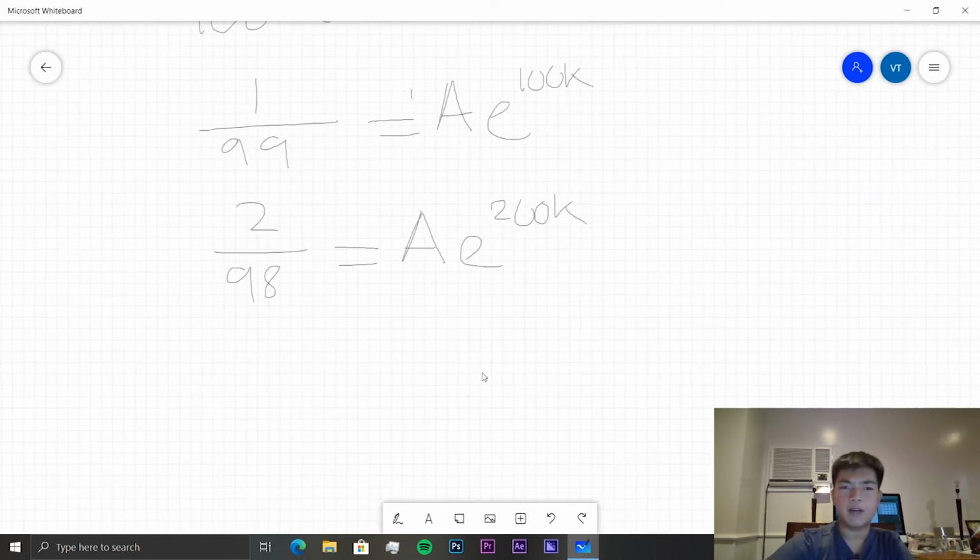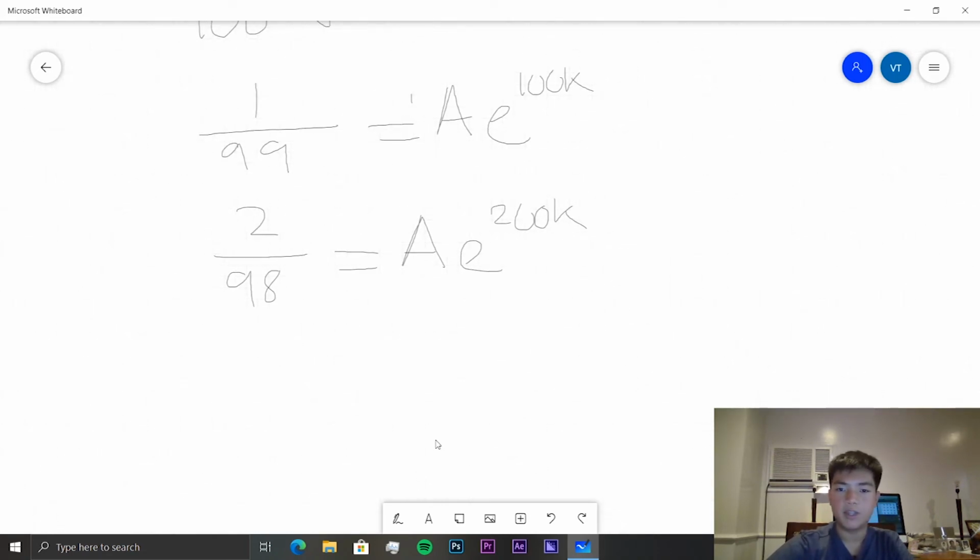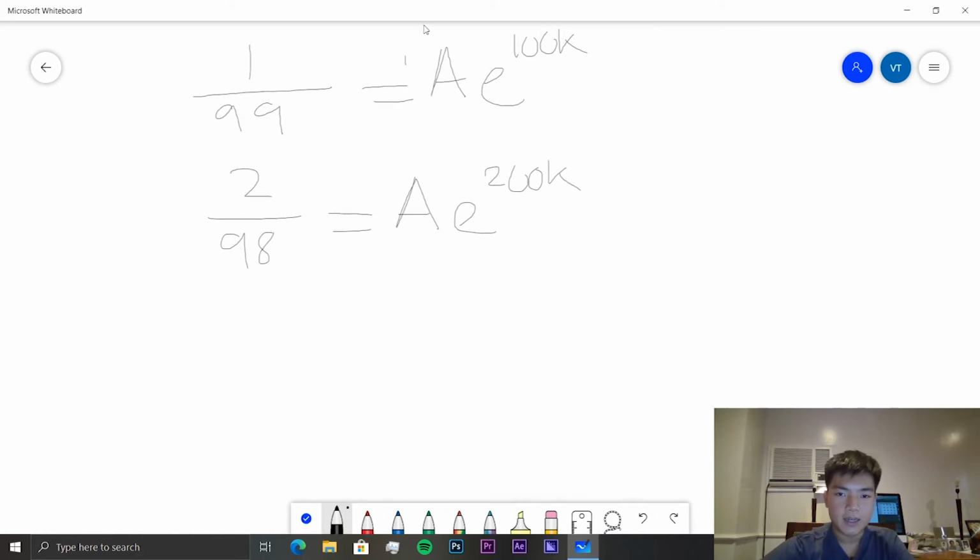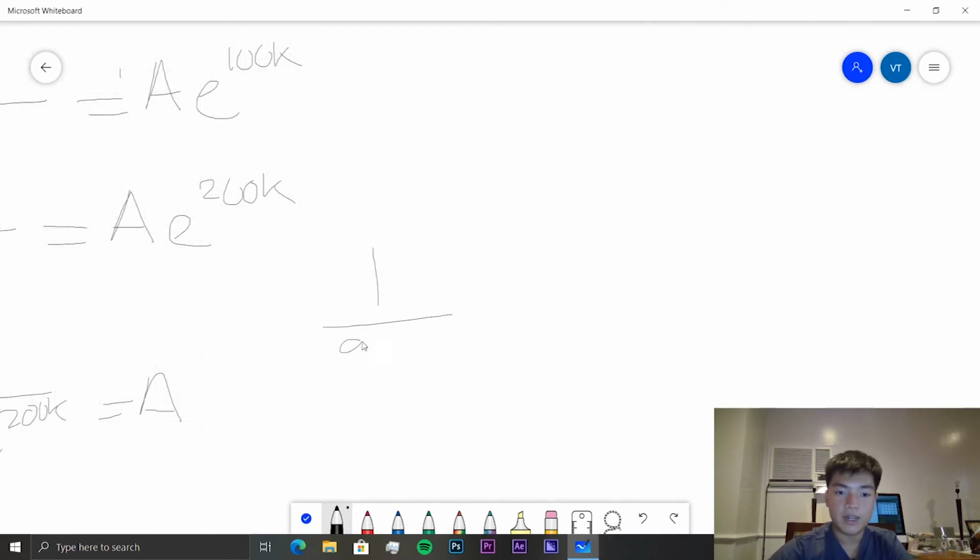So we can solve for either first. I'll solve for a. No, it's also for k actually. So we have 2 over 98 e to the 200k is equal to a. So we have 1 over 99 is equal to 2 over 98 e to the 200k times e to the 100k.